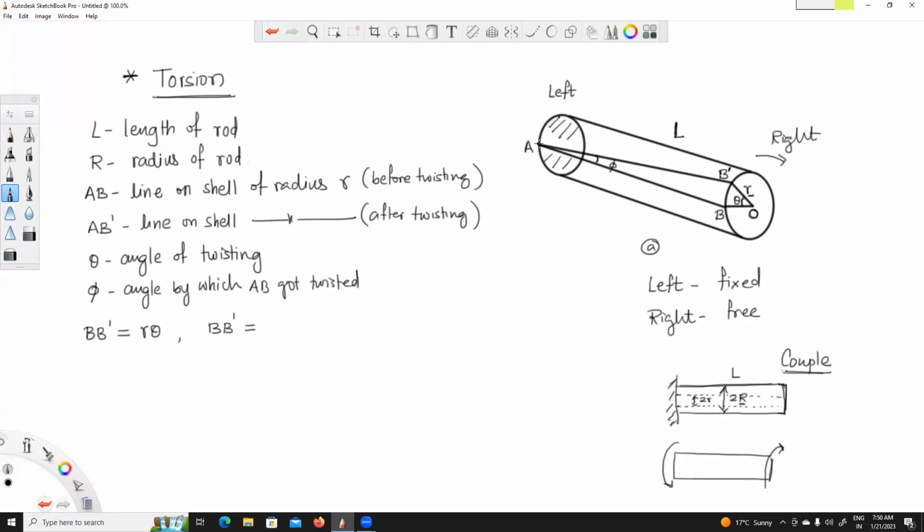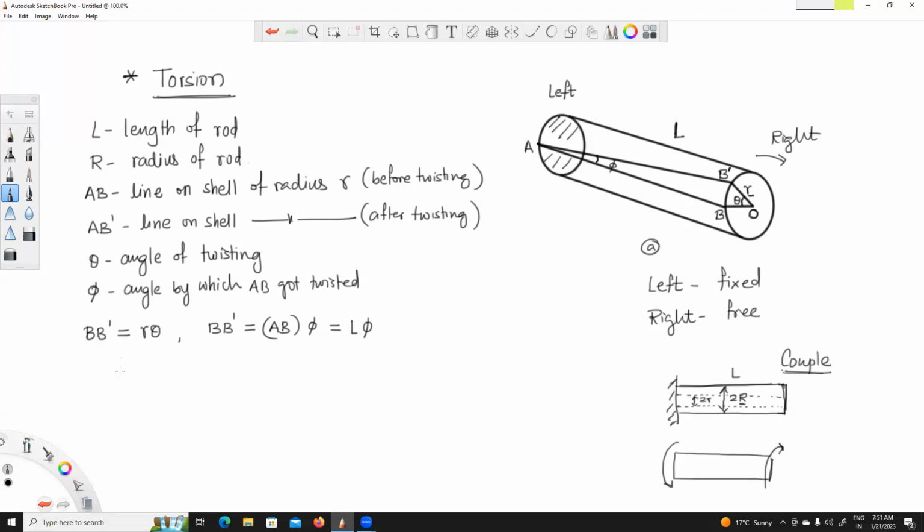So that's why A being the center and AB being the original radius, now AB dash is a shifted one with angle phi, then the length of AB dash, I can approximate BB dash as the original length of AB times the small angle phi, which I can replace as L times phi.